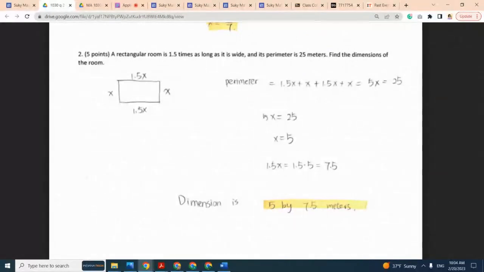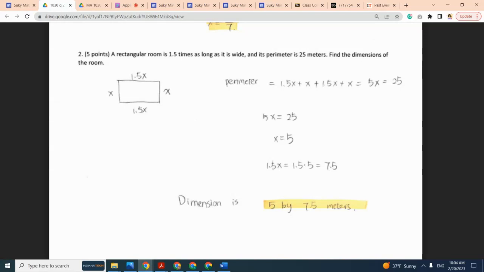And then the second problem, we have a rectangular room that is 1.5 times as long as it is wide. So that means if we let the width be x, then the length is 1.5 times x. And then the perimeter is 25 meters.